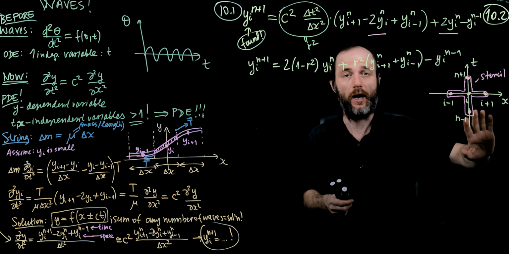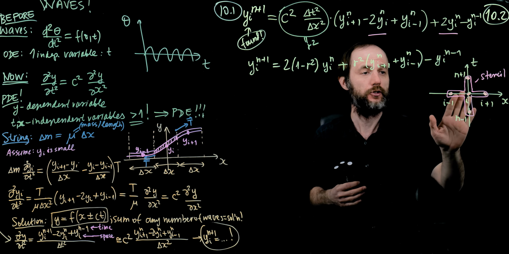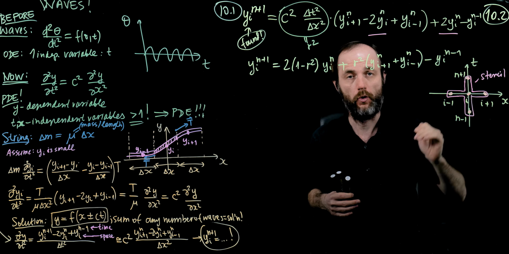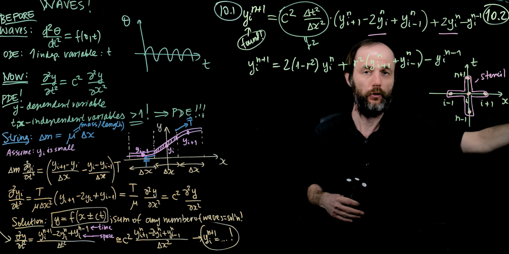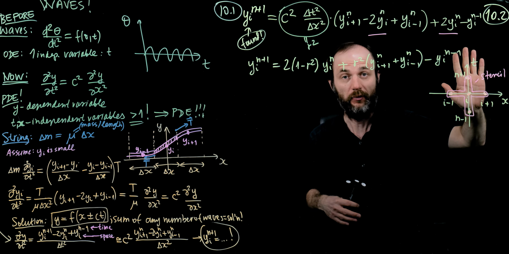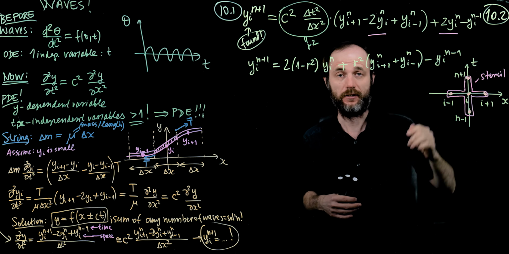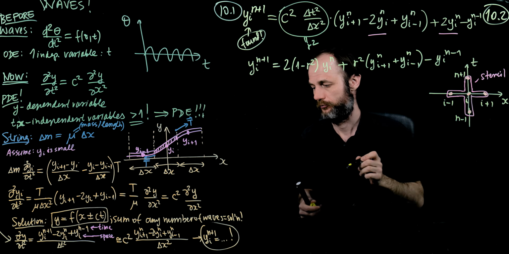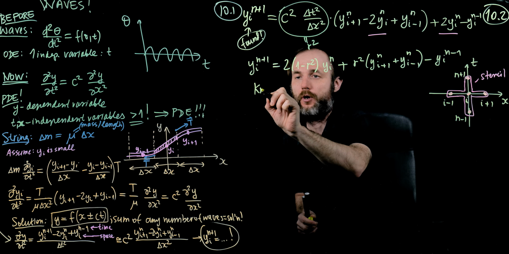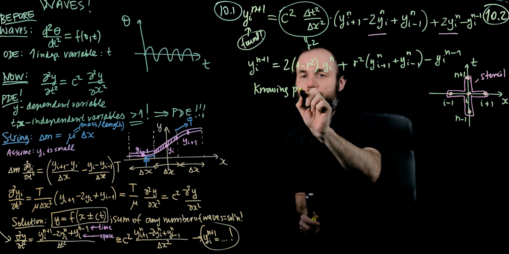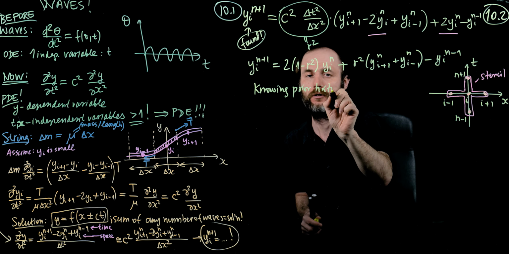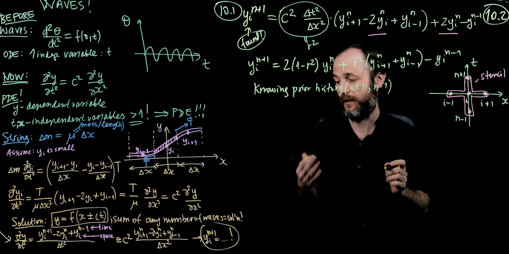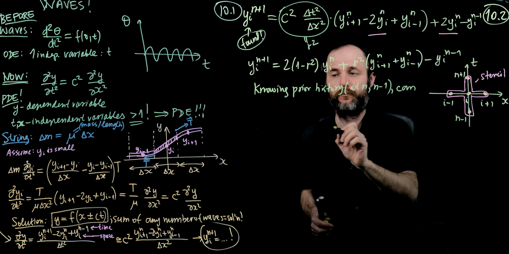So that is how our numerical scheme is able to take the solution at the current time and the previous time, which we both know, and figure out what's at the next time for all the points, and then apply the same algorithm again and again and again, and advance the solution forward in time. So, knowing prior history at n and n minus 1, we can move forward with the calculation.